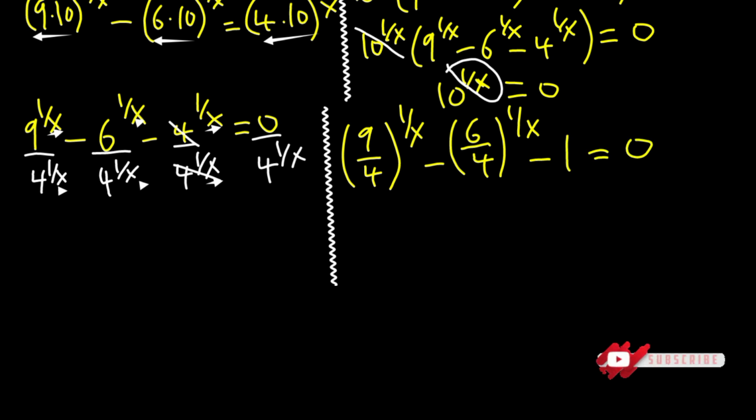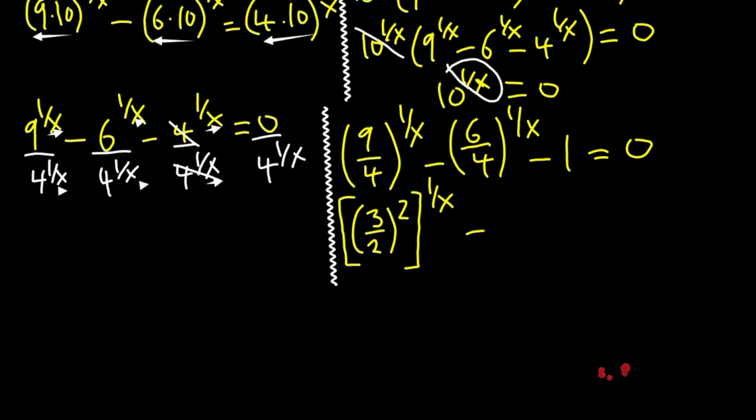0. Now 9 divided by 4 can be written as 3 over 2 all squared, because 3 squared is 9 and also 2 squared is 4. So we can categorically write it as 3 over 2 all squared. 6 divided by 4 gives us 3 over 2 all to the power of 1 over x, minus 1 equals 0.